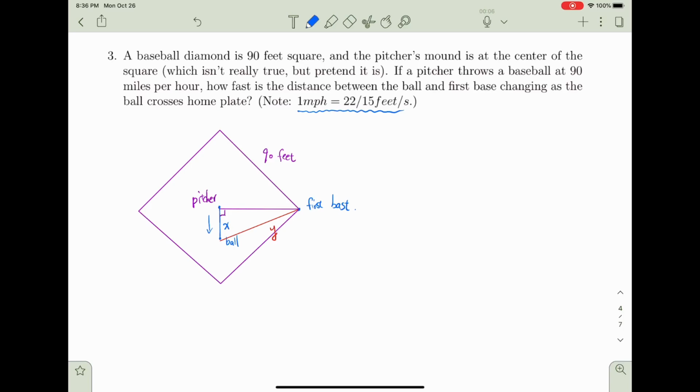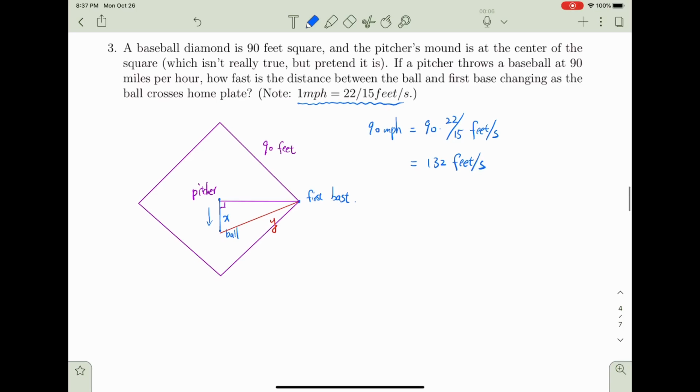So 90 miles per hour is equal to 90 times 22 divided by 15 feet per second, which, if you calculate this, you get 132 feet per second.